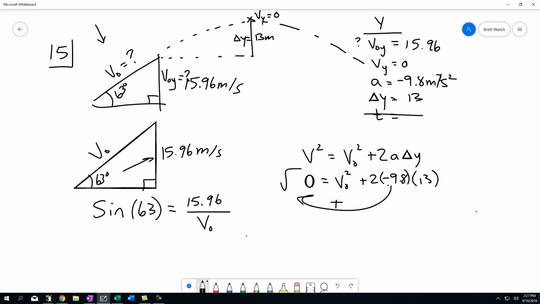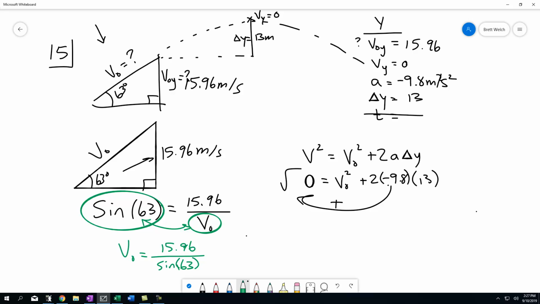Now, if you've been in my classes before and you've been through the trigonometry with me, we have a name for when we switch these two places and get v naught equals 15.96 over the sine of 63. Those of you who haven't been in my class, we call it the old Welch rule, but it's one that we're going to use relatively often in this class and in other trig-based classes.